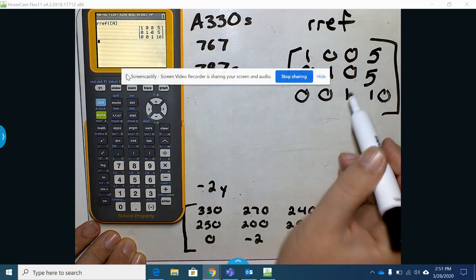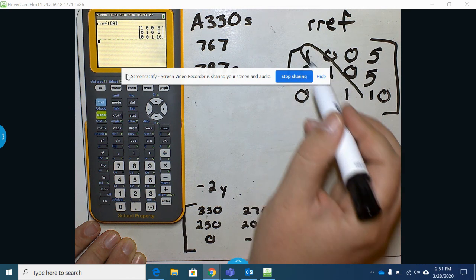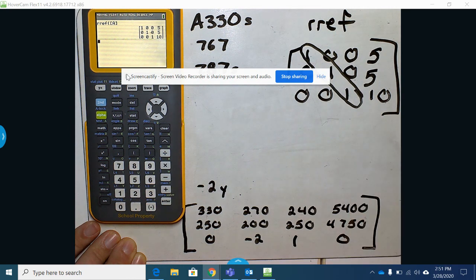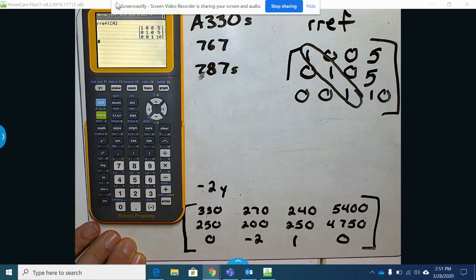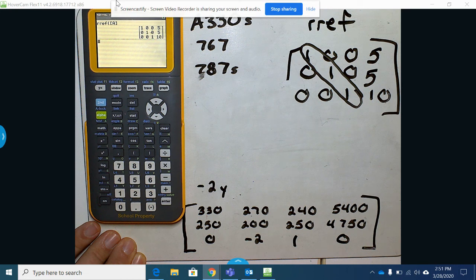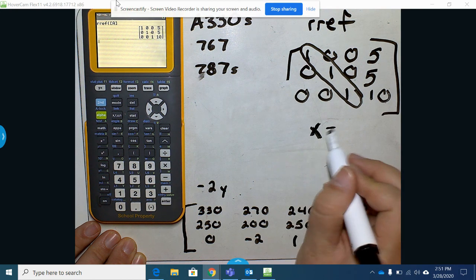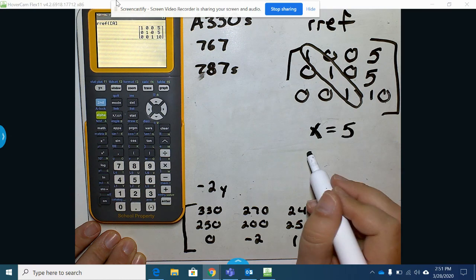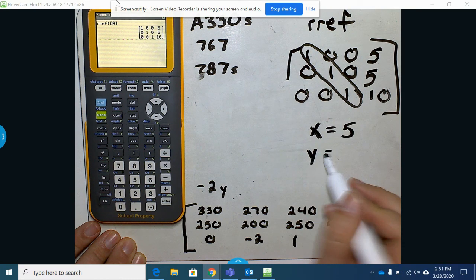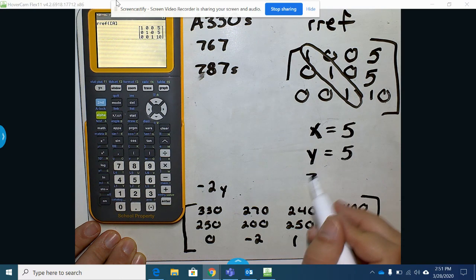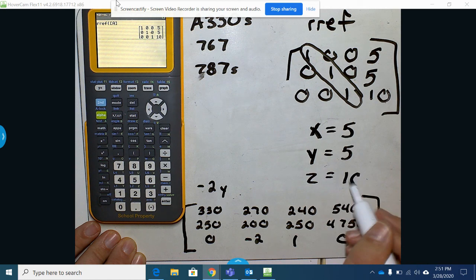Okay, what I like here is that nice 1 up and down. What does that mean? All right, what that means is we have x equaling 5, y equaling 5, and z equaling 10.